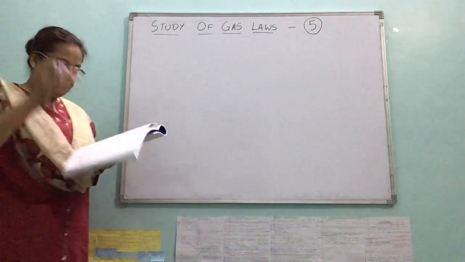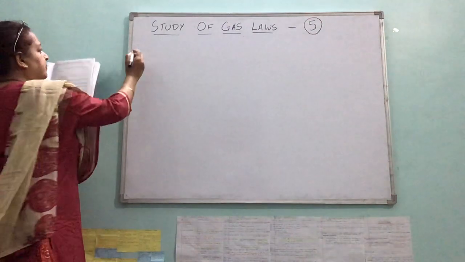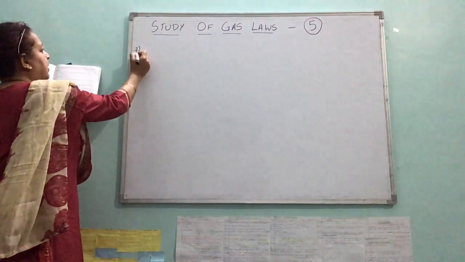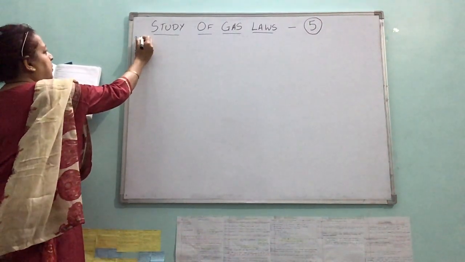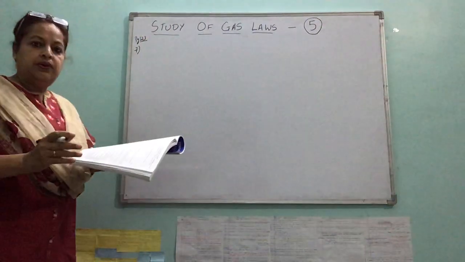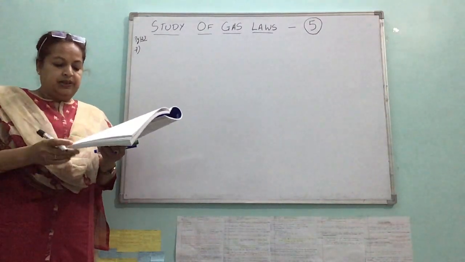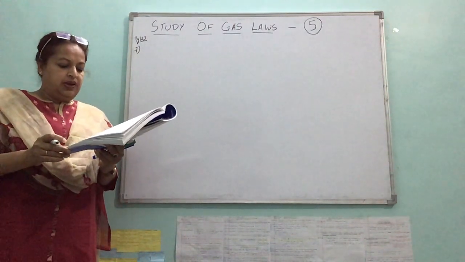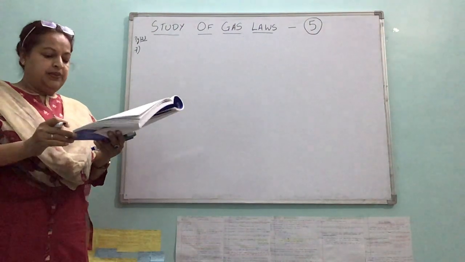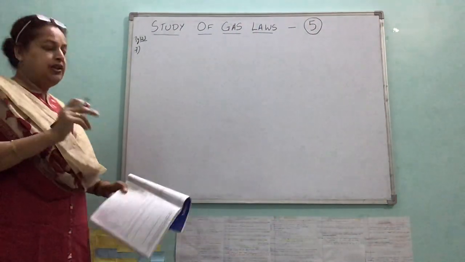Question number 7, page 123. It is required to reduce the volume of a gas by 20% at a constant pressure. To do so, the gas has to be cooled. If the gas attains a final temperature of 157 degrees centigrade, find the initial temperature.